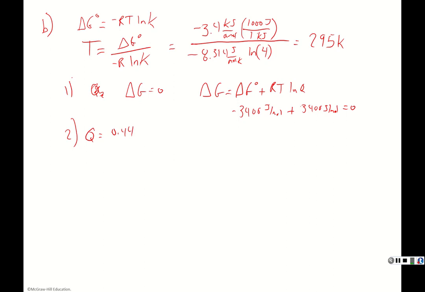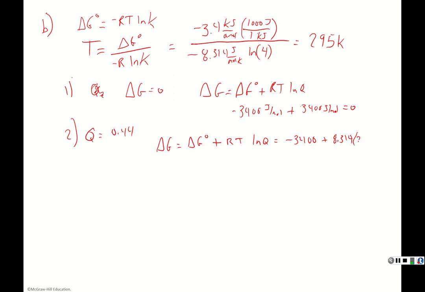So again, we would plug this value of Q into our equation for delta G. We have delta G naught, which is minus 3,400, plus RT ln of Q. I'm not going to include the units just to save some space, but you can see them up top there, they cancel.